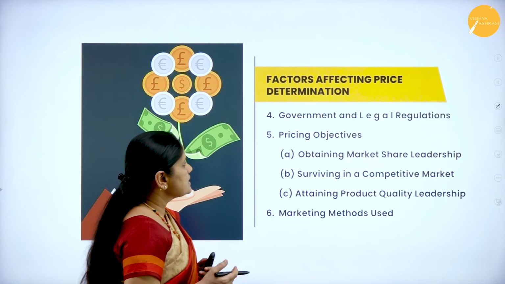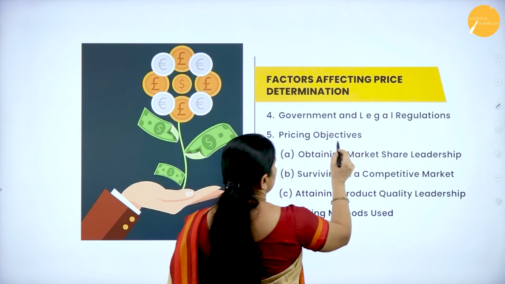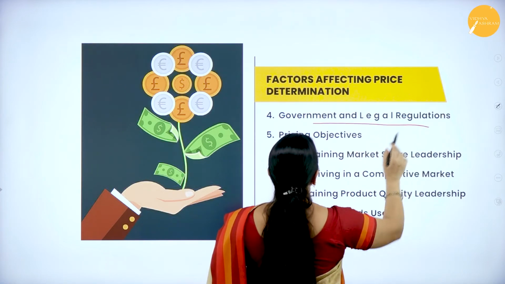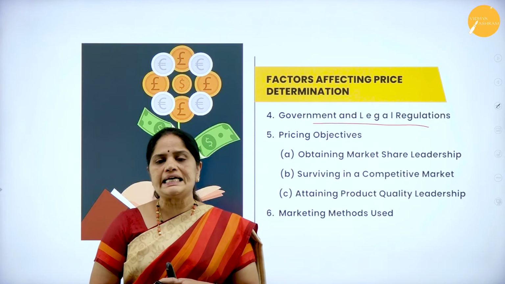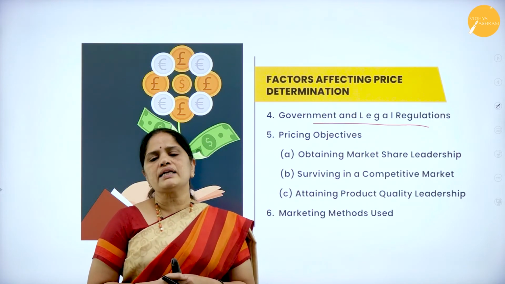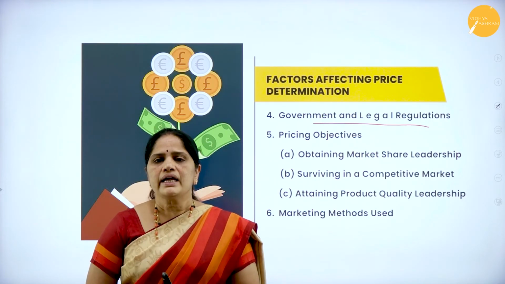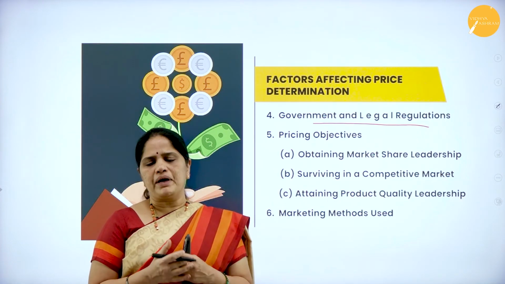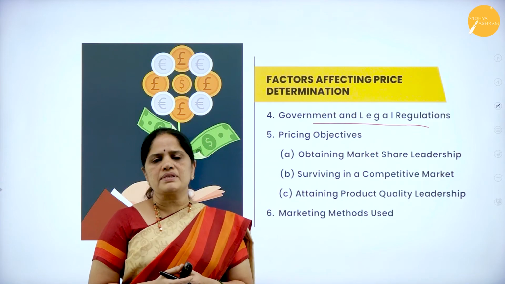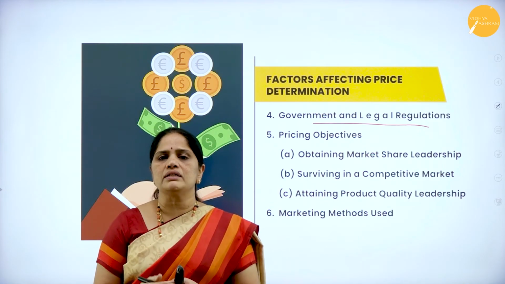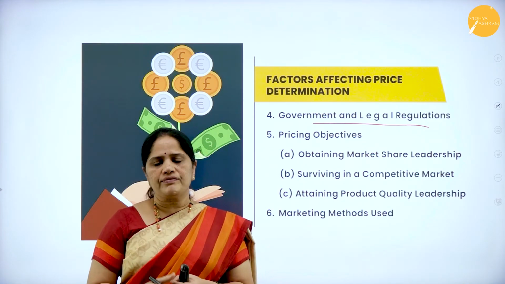Then factors affecting price determination, the government and legal regulations. Now, what do we mean by government and legal regulations? So, in the interest of the public, the government, in order to curb some unfair price fixing and unfair trade practices, comes down heavily on deciding the price of a product.